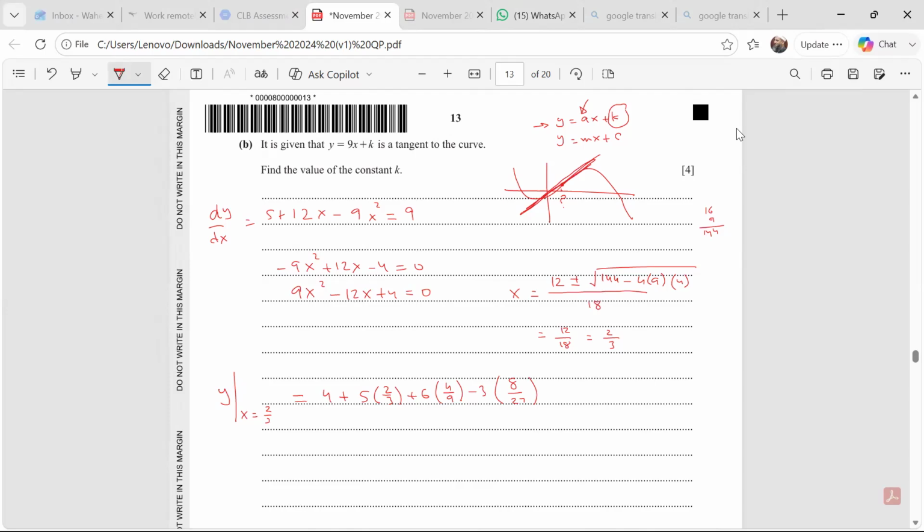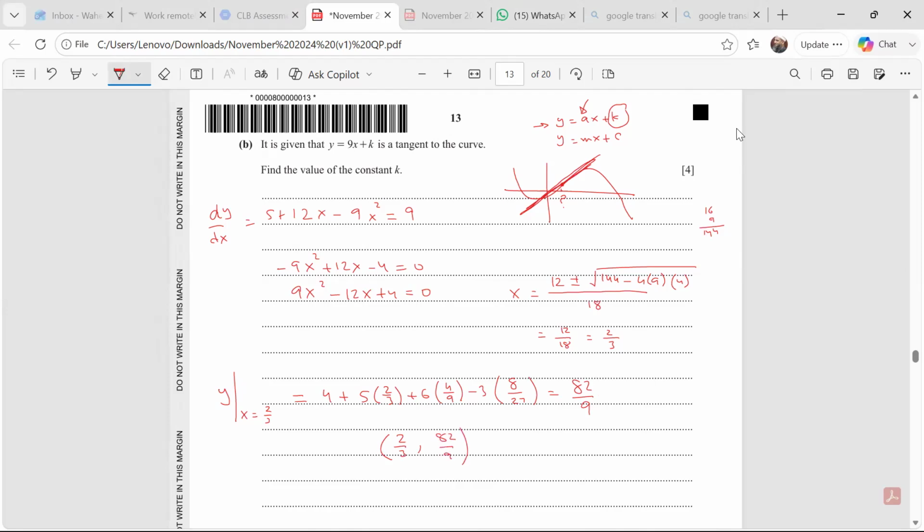When I simplified all these things, it came out to be 82 over 9. You can confirm that these things simplify to 82 over 9. It means when x is 2 by 3, y is 82 by 9.